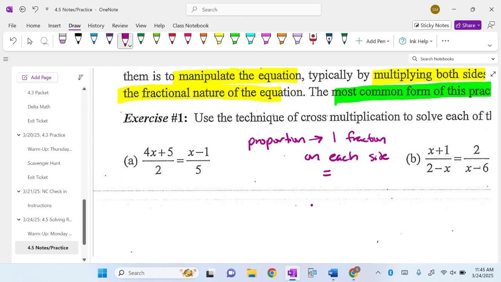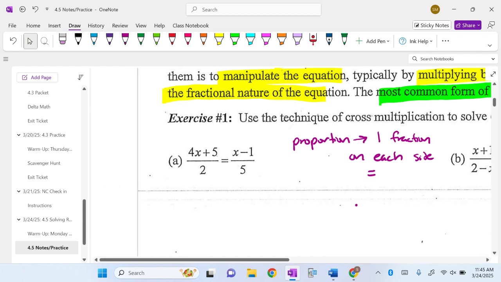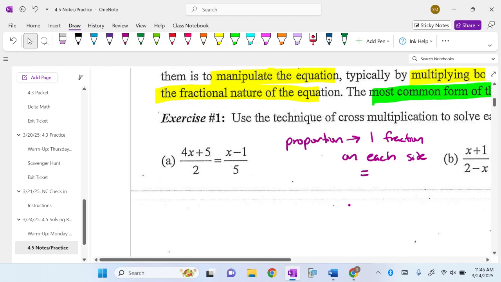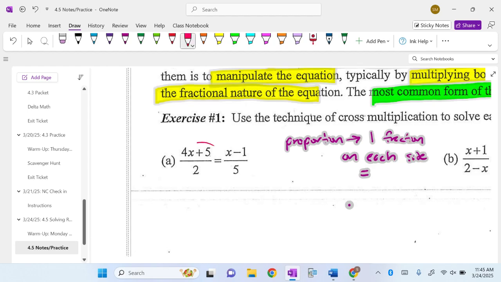If there's more than one, or if there's like a 1 plus a fraction, it's not proportional. We can only use this method if it's proportional. So letter A is clearly proportional because we have one fraction on this side, one fraction on this side. There's nothing being added or subtracted to that fraction on either side. So we can go right into cross multiplying.